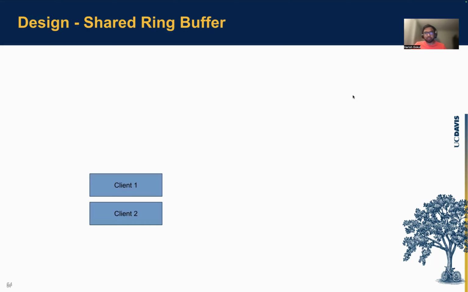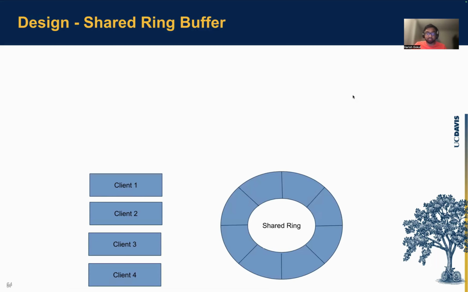So let's say, for example, you have multiple clients which want to talk to a server. Now the server has a shared ring, and each client is essentially going to get a unique offset in this shared ring buffer. All these clients go talk to the mailbox, and these are atomic operations, which are carried out using the RDMA FAA feature, which stands for fetch-and-add atomic operations.